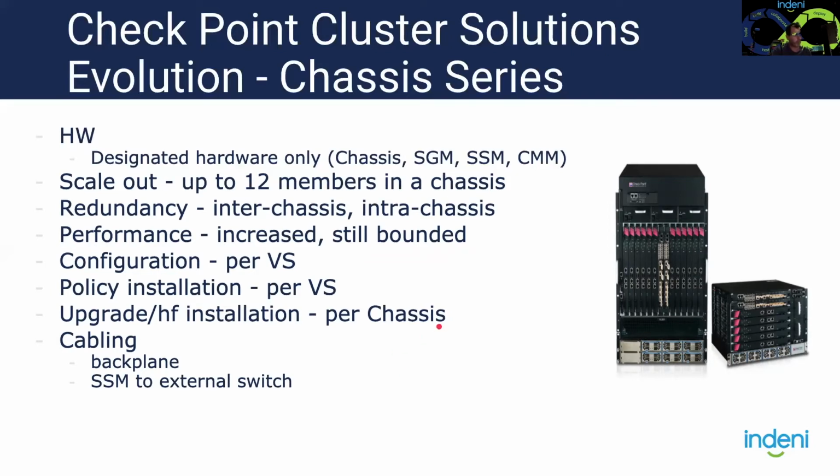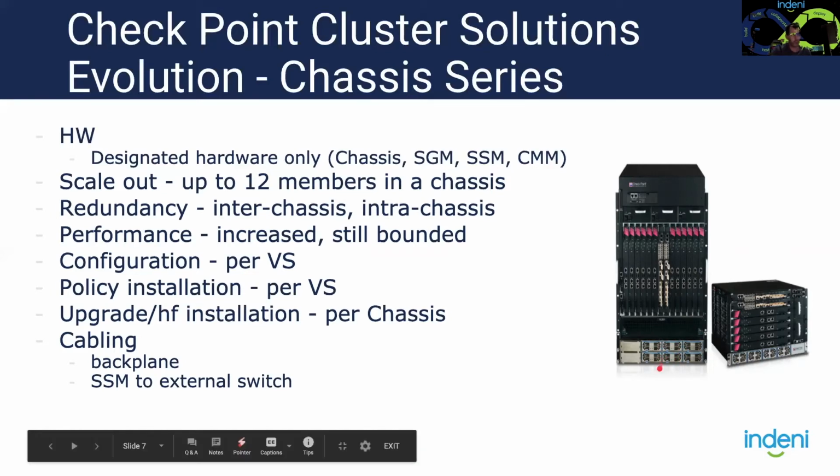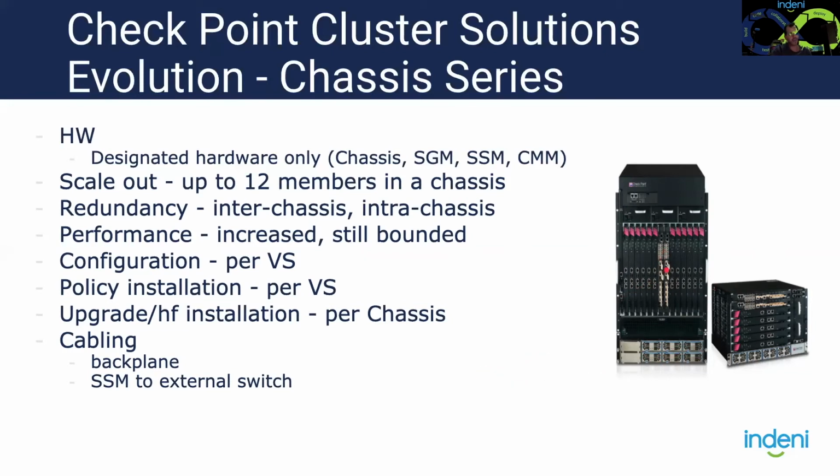About cabling. Cabling is much more simplified. You have multiple power cables, depending on the amount of power supplies you have in your box. It's expandable. And about the network card, it doesn't matter how many SGMs you have in a box. The amount of Ethernet interfaces which are connected to the network cards on the chassis is fixed with relation to the amount of SGMs.